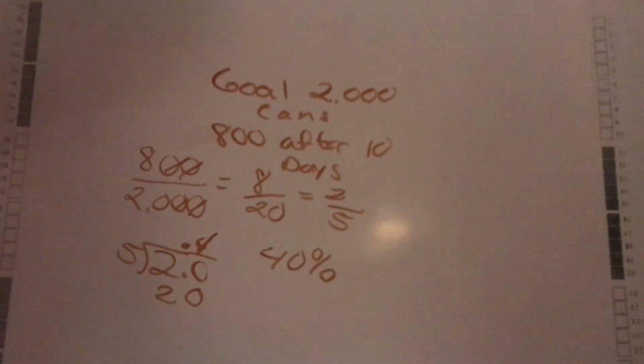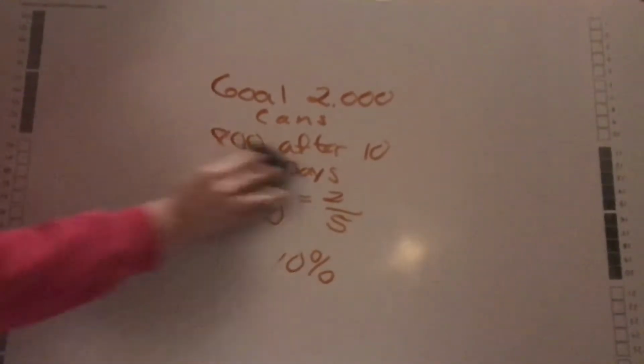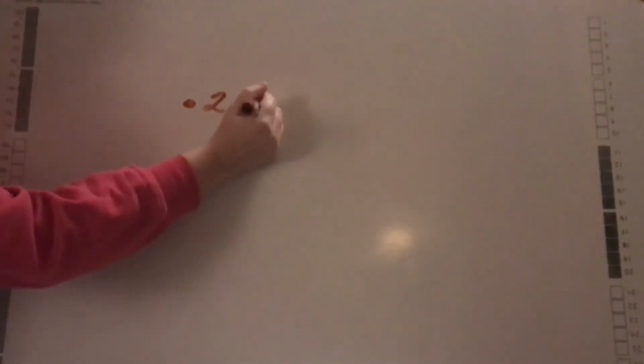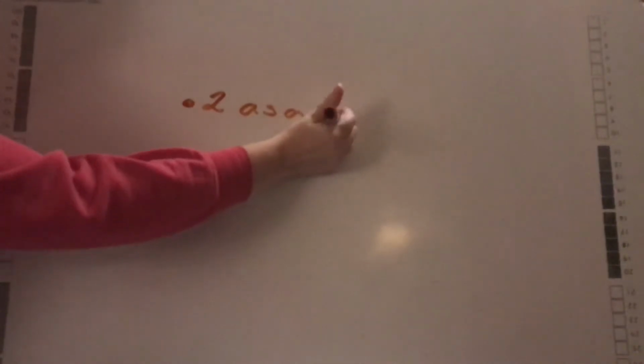If we look at example number 1, it says writing decimals as percents. And they give you 2 ways of doing that. They want you to write 0.2 as a percent.